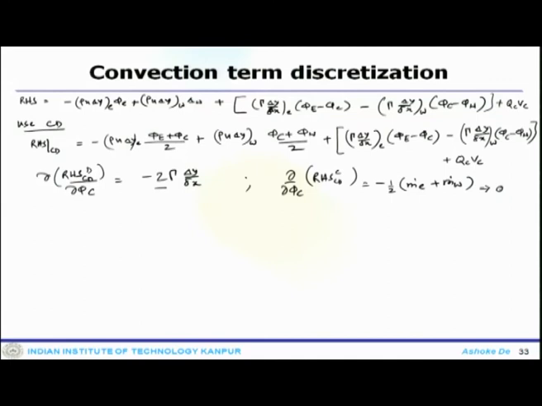Now, in general flow, such regions will act as wiggle sources and can easily lead to some sort of numerical failure when the Peclet number is large.